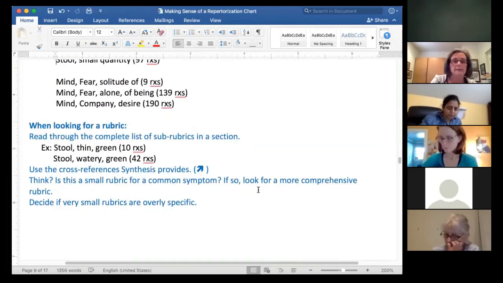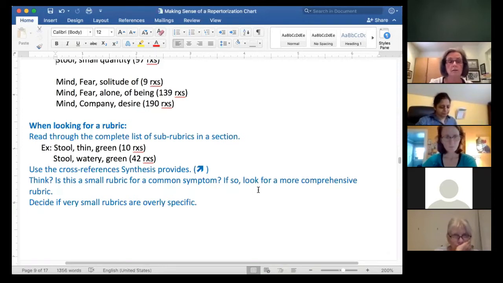And Synthesis is wonderful because they have those cross references. There's the parentheses, and then there's that little arrow that points northeast. And then they'll list some other rubrics that are similar or that you might want to check out to see if they are more fitting to your symptom. So use those.